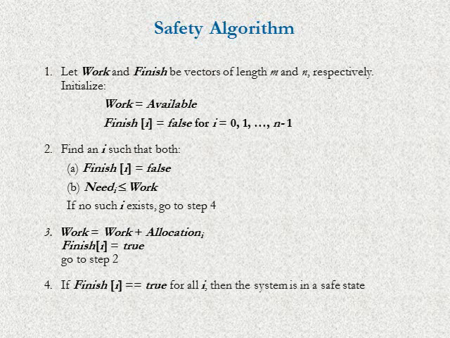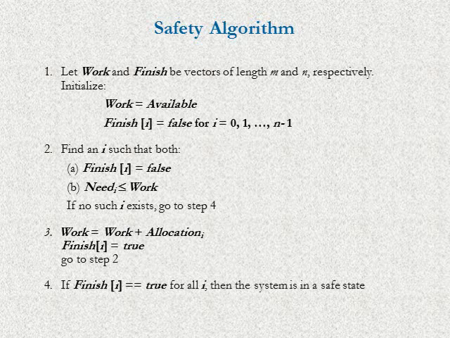This safety algorithm is utilized quite often, even independently before the system starts executing and after every allocation of resources. The working of this safety algorithm is quite straightforward. We have the matrix of available resources, the resources that are present in the system.